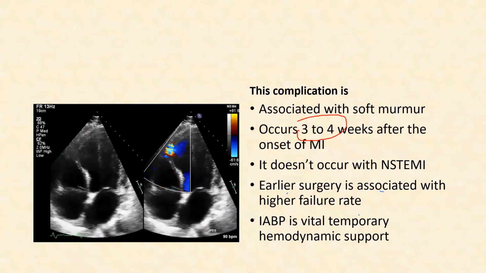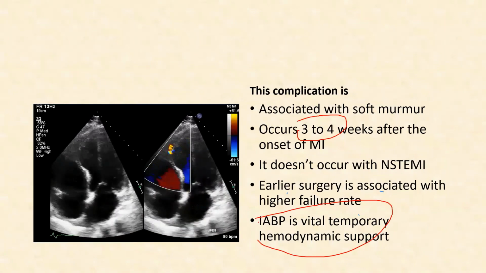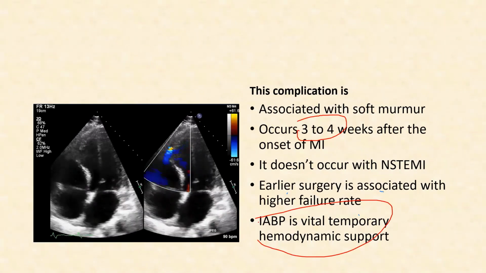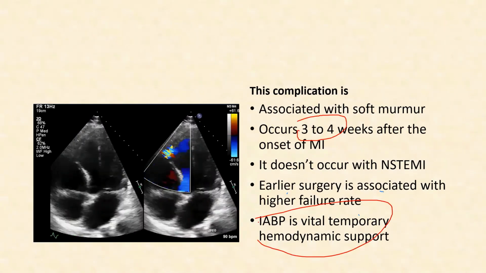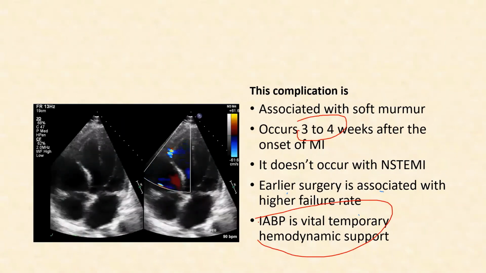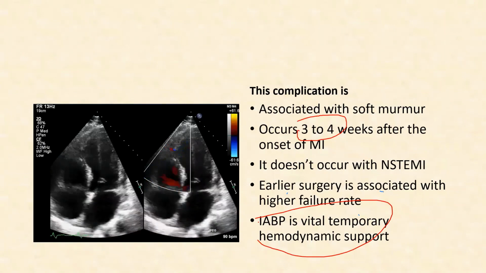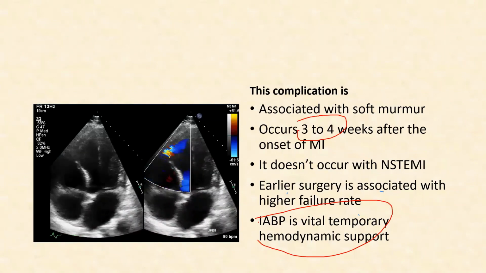Okay. Intra-aortic balloon pump, please: whenever you are faced with this kind of complication, put the patient on an intra-aortic balloon pump. If it's a mechanical complication, papillary muscle rupture or VSR, the intra-aortic balloon pump is of great help in improving hemodynamics.